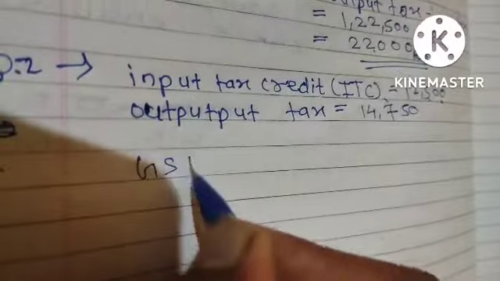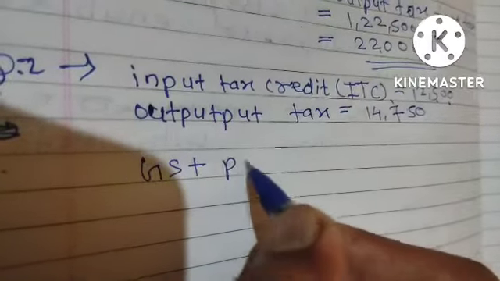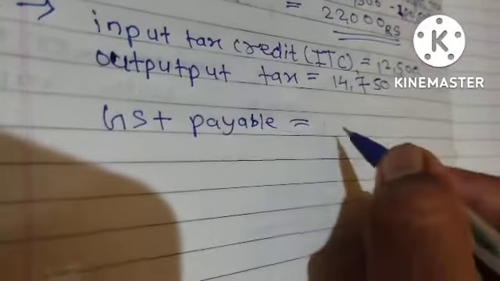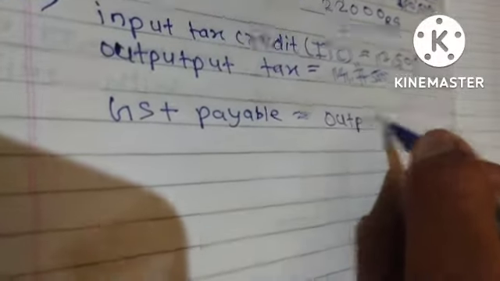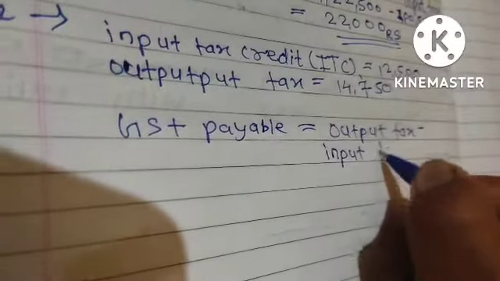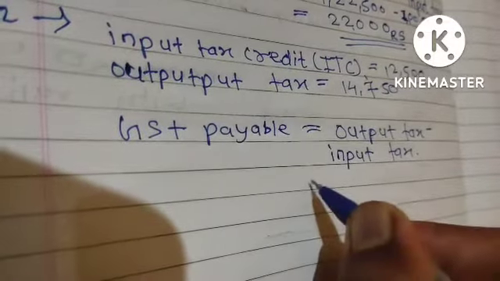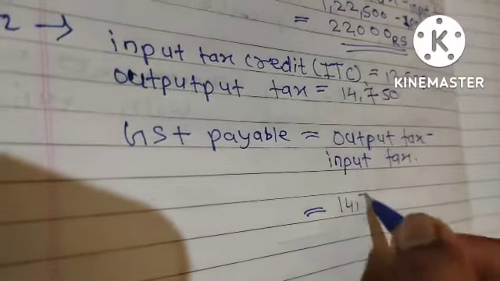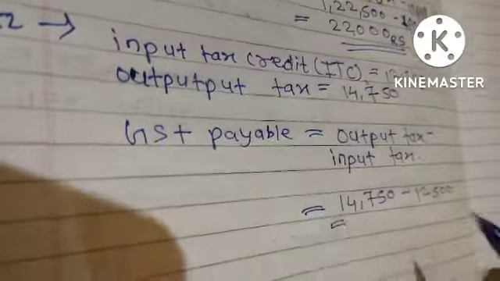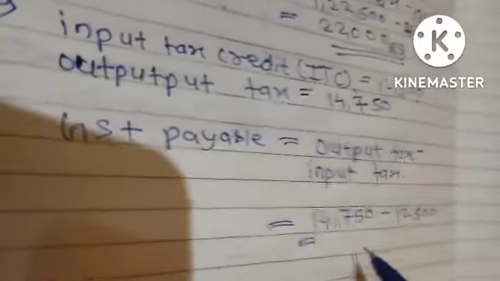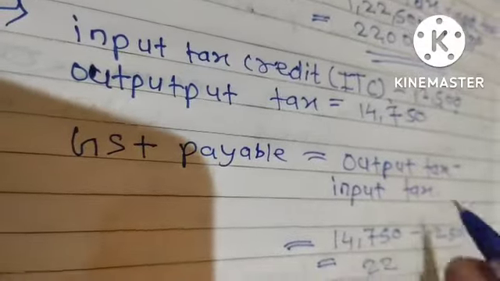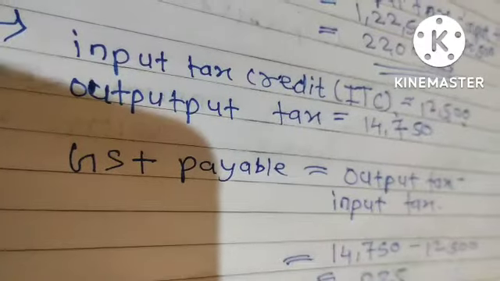For the GST payable, it is equal to output tax minus input tax, which is 14,750 rupees minus 12,500 rupees. So the answer will be 2,250 rupees.